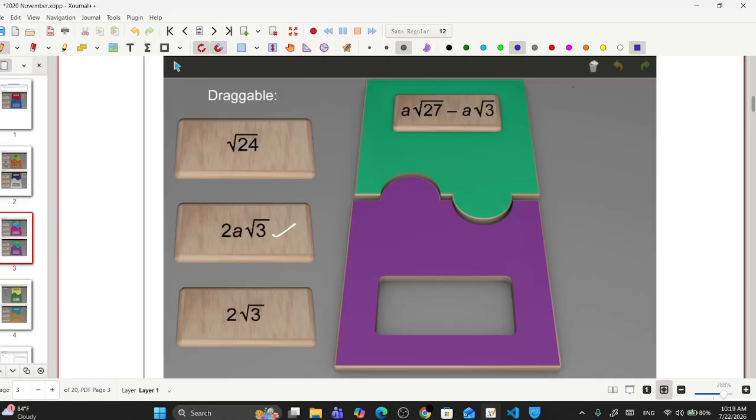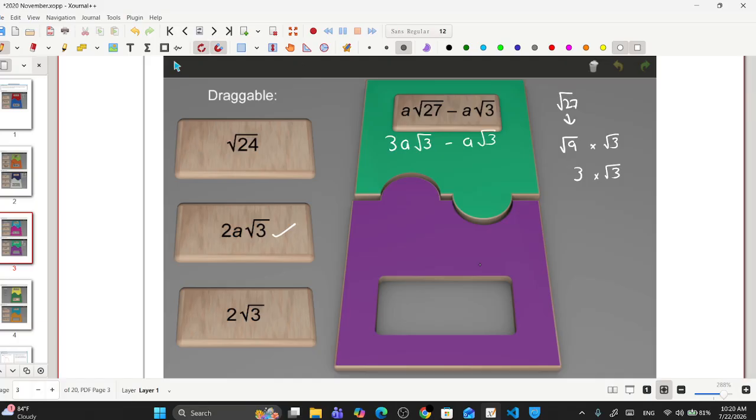Under root 27 can also be written as under root 9 multiplied by under root of 3. Under root 9 becomes 3. And we already have a from before. So this becomes 3a under root 3 minus a under root 3.